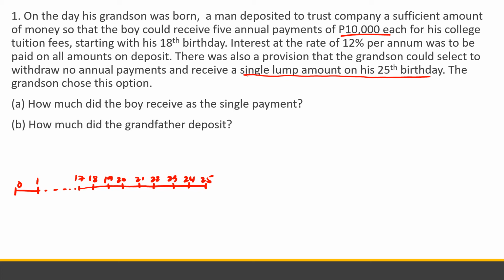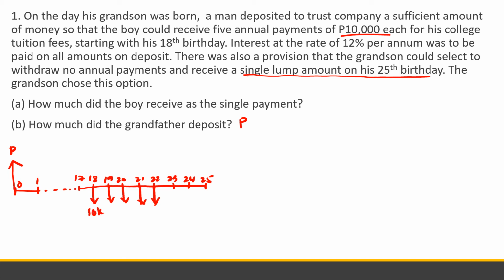So the grandson was born at year 0. So this is where the grandfather will deposit an amount P. So we will deposit amount P so that his grandson will receive 10,000 from his 18th to 22nd year, which is 5 years.